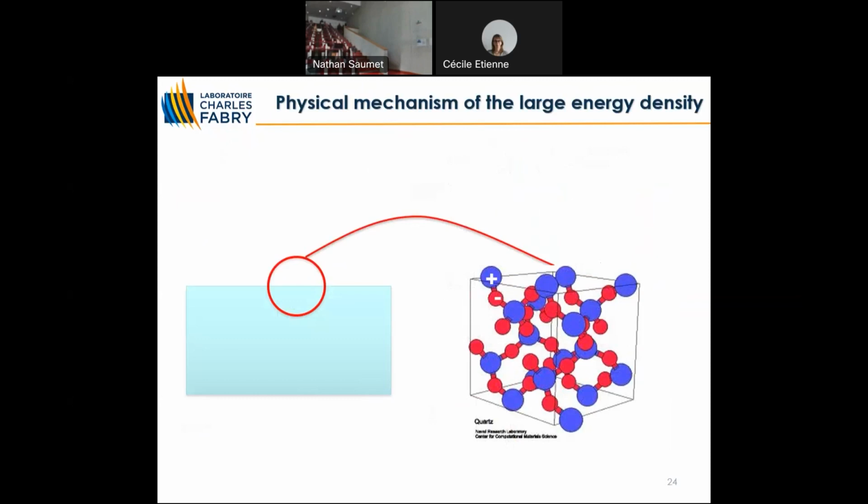So that's the explanation of the fact that the spectrum is narrow. It's the peak that you see, just the vibration of this chemical bond. And the intensity is because when you are close to a dipole, the field diverges as 1 over r cube. So that's what you see.